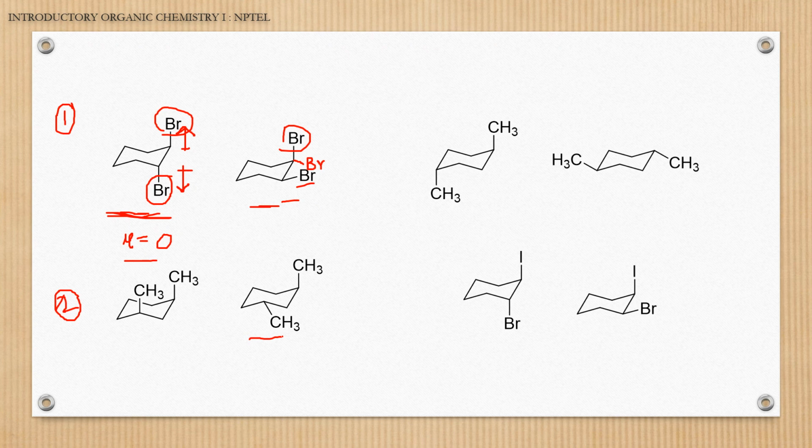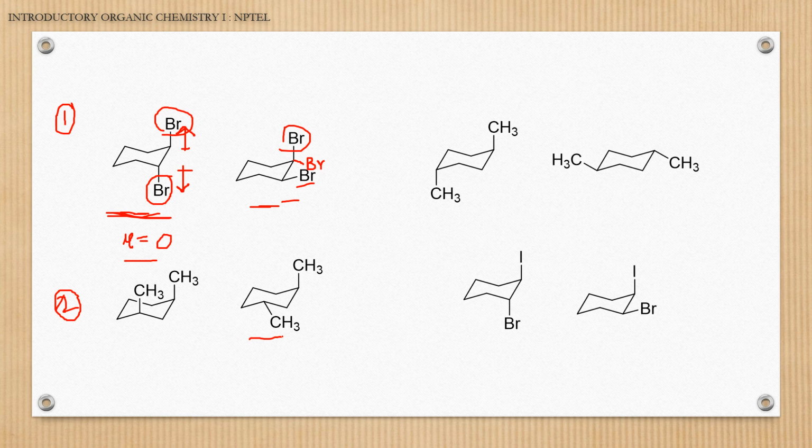Yeah, any one of the methyl groups. See, if you don't have any other choice, in 1,3-dimethyl cyclohexane, one substituent has to be at the axial position. If you draw the trans conformation, one substituent should be at the axial position in this set of stereochemistry.